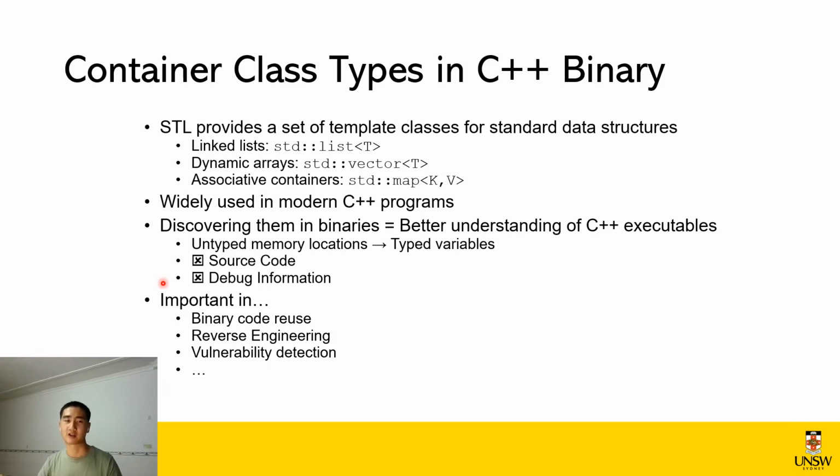Debugging information is not available either because most commercial off-the-shelf programs are stripped binaries, and all we have is a bunch of zeros and ones and assembly instructions. So this is very important in many aspects, for example, in binary code reuse, in reverse engineering, and in vulnerability detection.